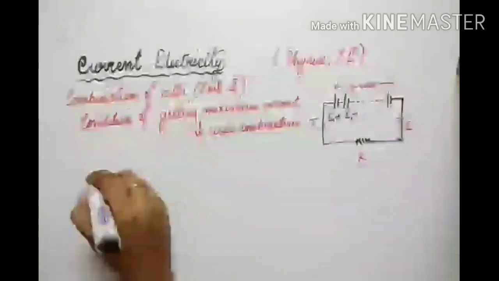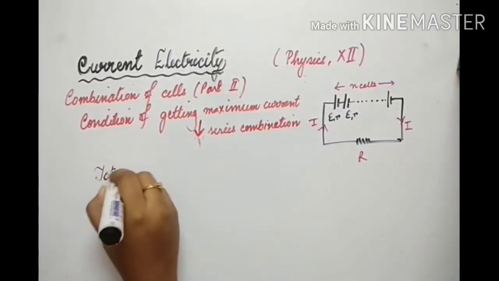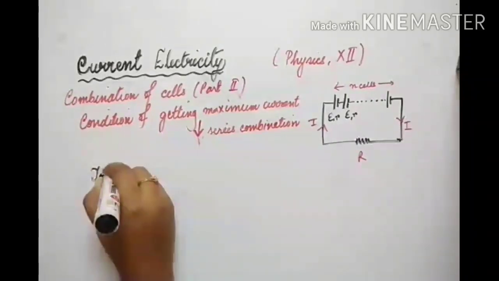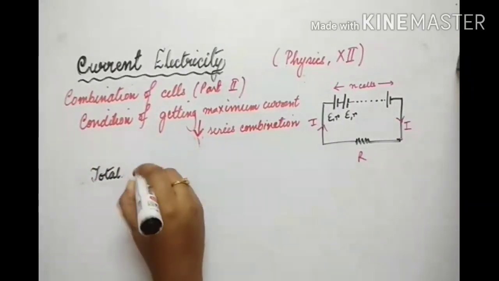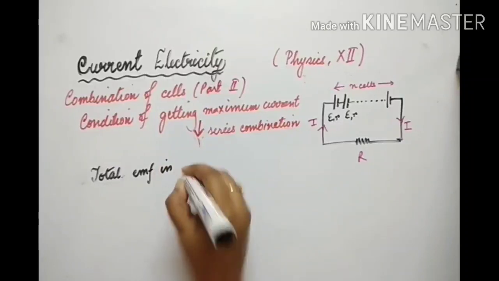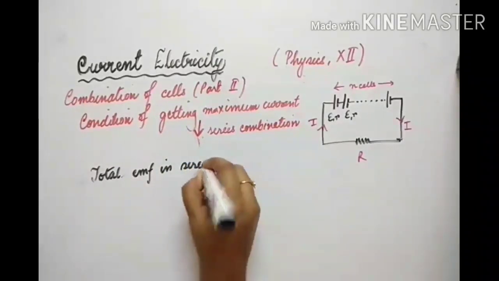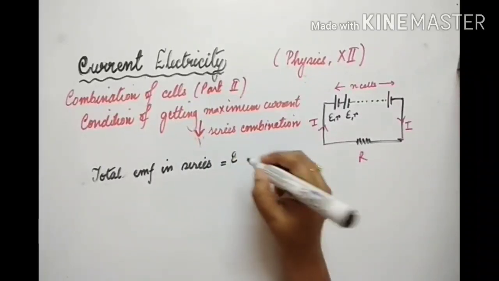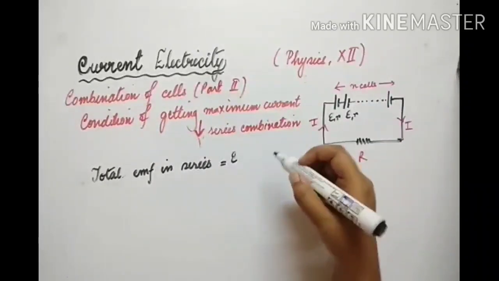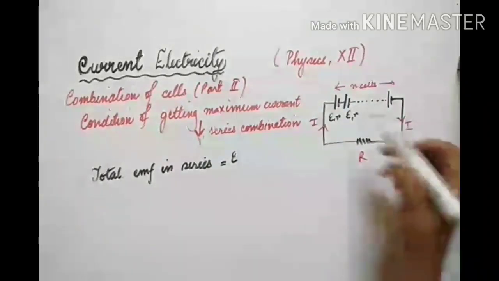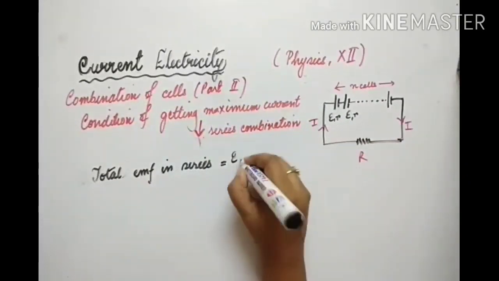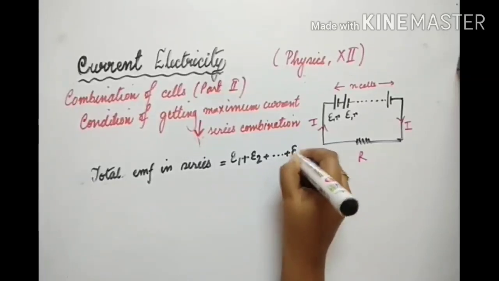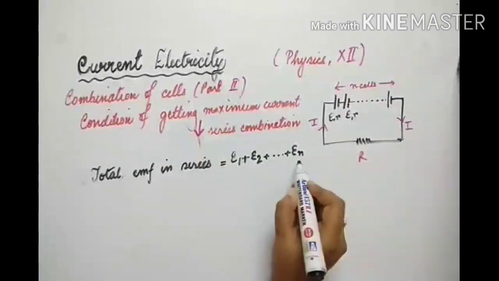So then the total EMF in series can be written as, since in series there are n number of cells, you have to take into account the EMF of all the cells and add it up.